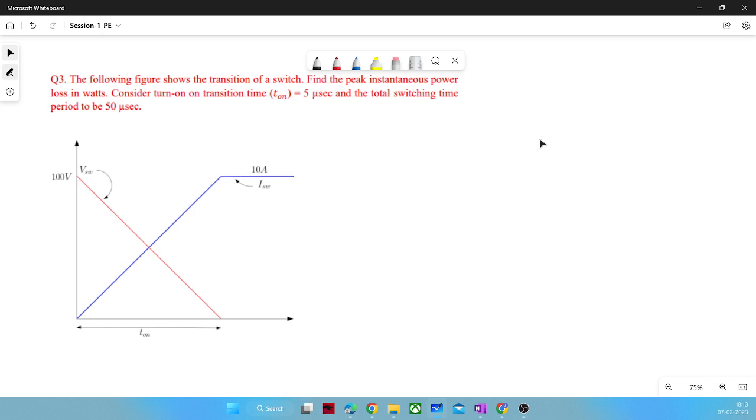Generally, this kind of problem is framed so that people ask what will be the total switching losses during turn on and during turn off, and this kind of graph is given. And in a diode, sometimes the current is rising and the voltage is constant. So let me draw possible cases.